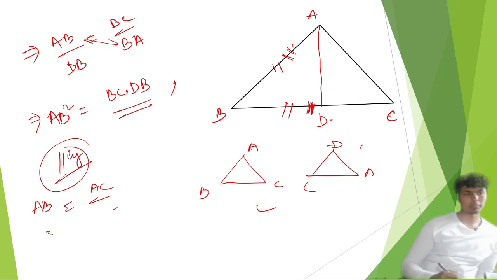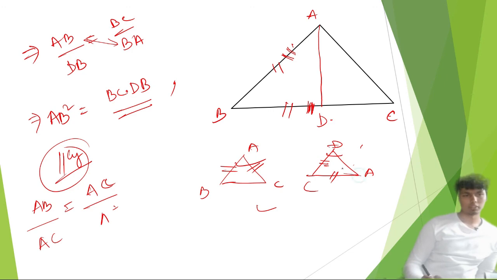I think I've done some mistakes here by writing this way. It must be AC by AD. Now AC square will be AB into AD, like the previous one.